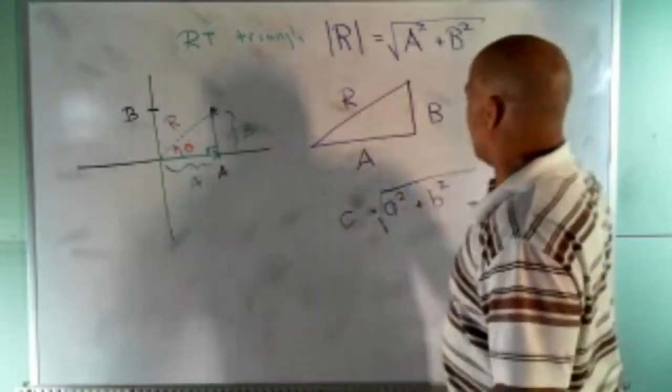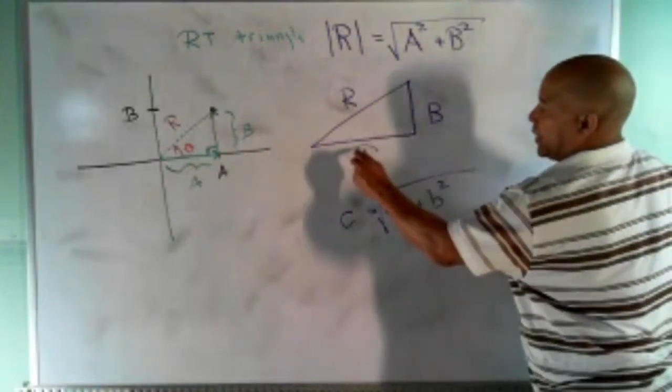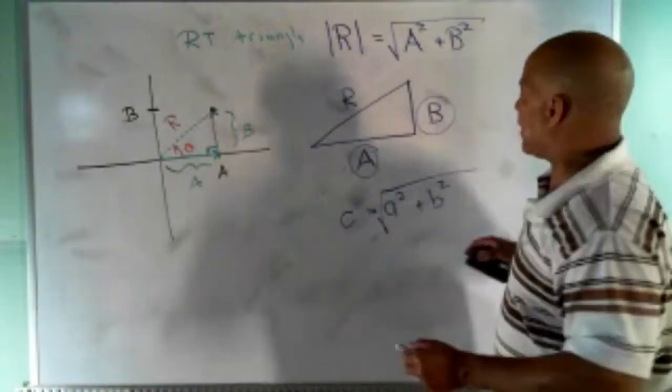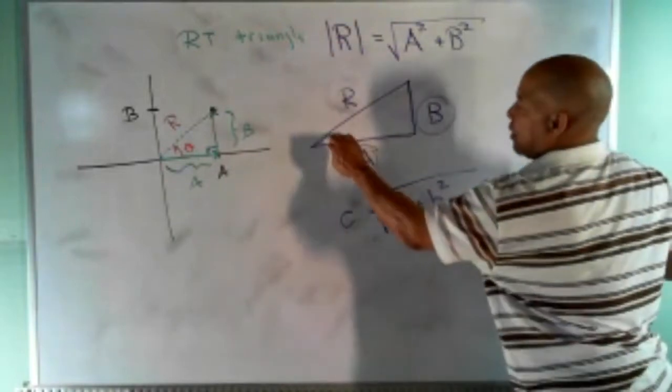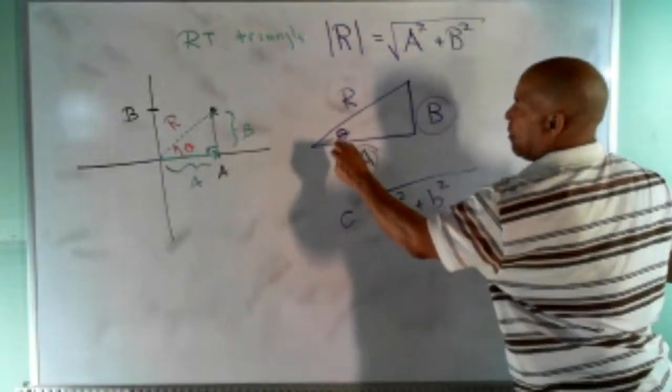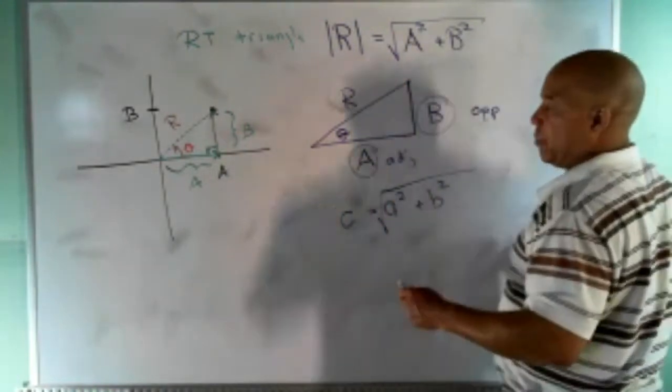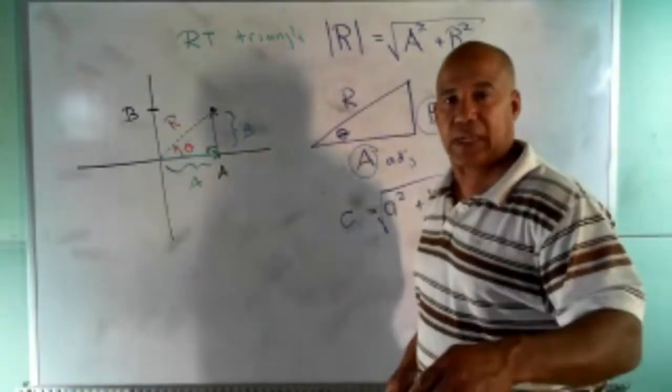Well, what do we know? We know this and this. And remember from your trig, if this is the angle I'm talking about, this is the side opposite the angle, and this is the side adjacent to the angle. And remember those trig functions, the sine, cosine, and tangent?